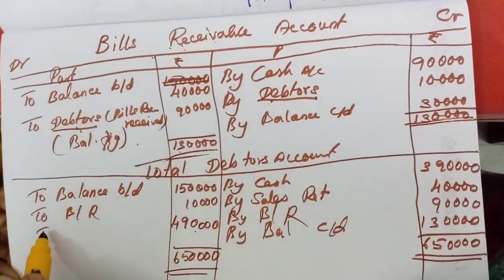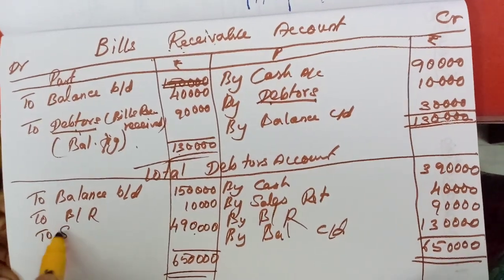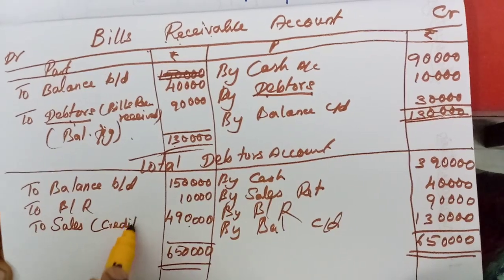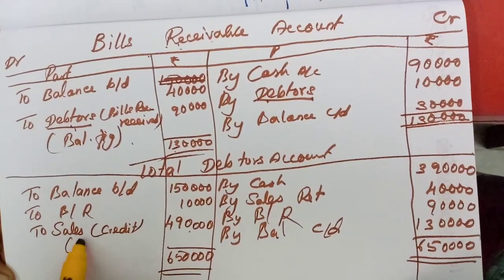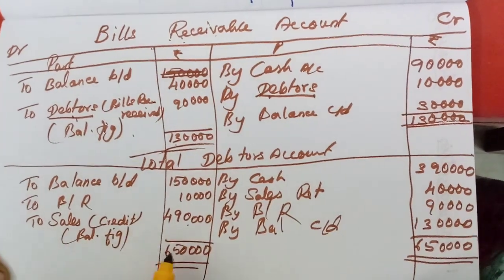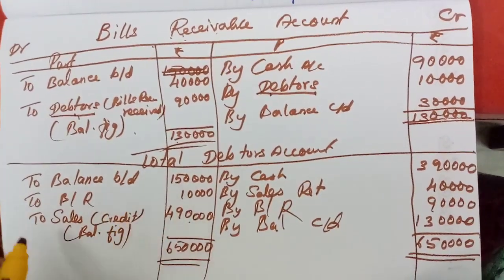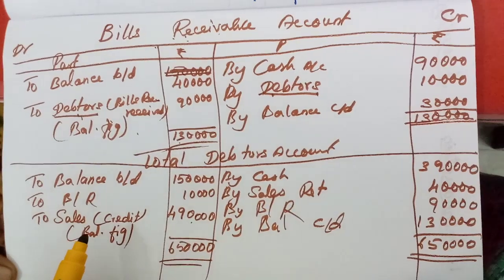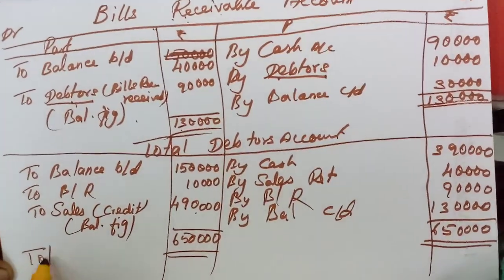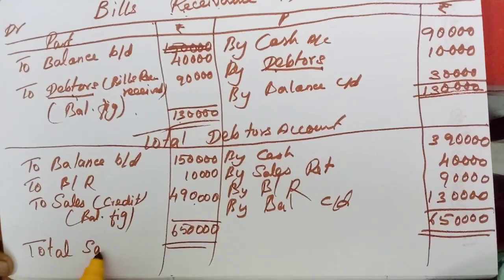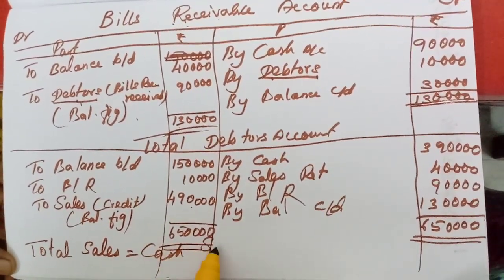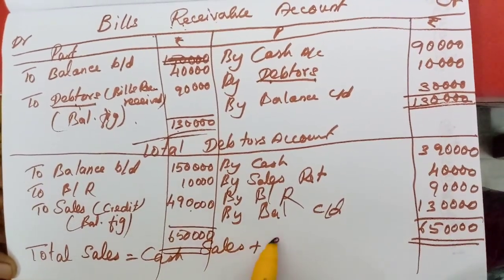What is this one? To sales, credit sales. You should not write to credit sales, simply bracket credit, then balancing figure. Now we have calculated the credit sales. What is the question? We have to calculate total sales. So write total sales is equal to cash sales plus credit sales.